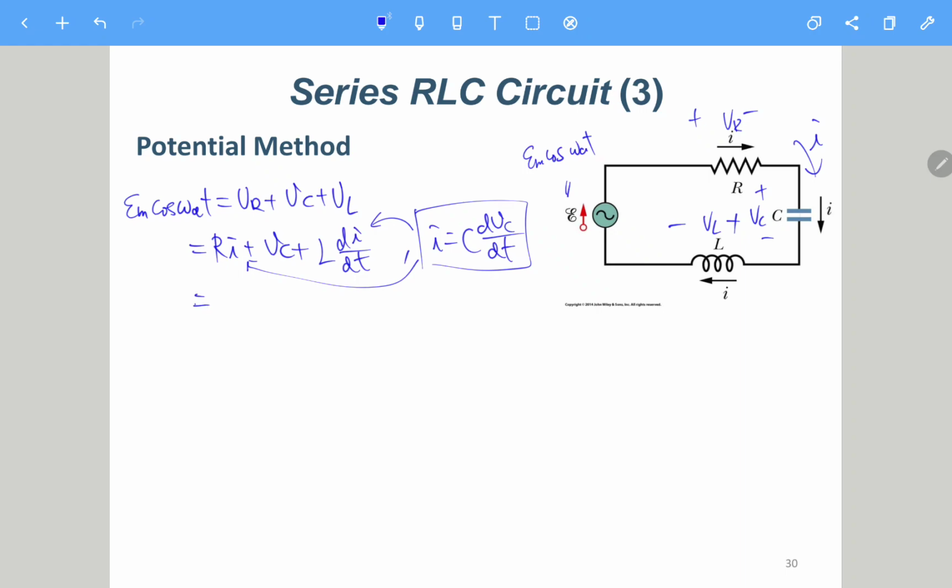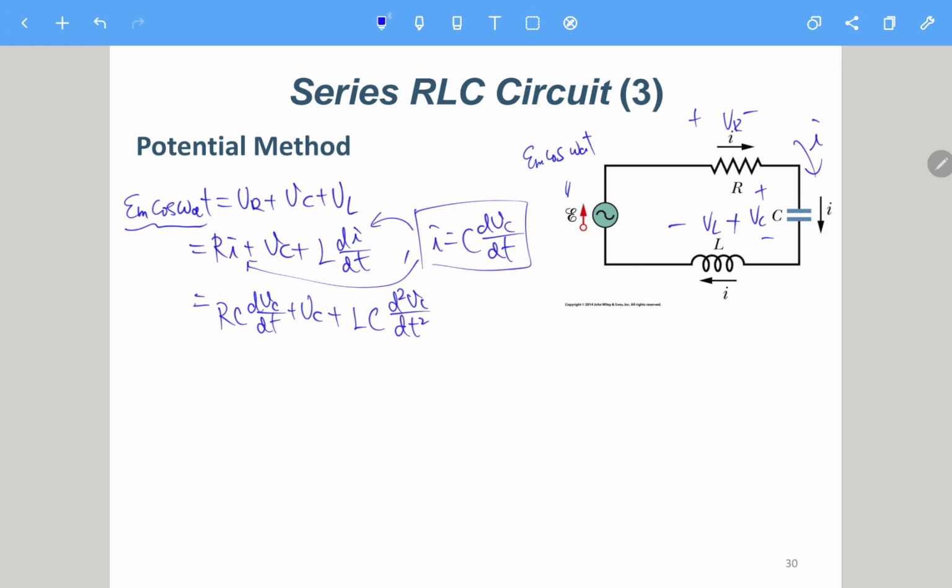We will get RC dVc dt, plus Vc, plus LC times the second derivative of Vc with respect to t. The left side is actually the same as the damped oscillation, but here we have the sinusoidal source.